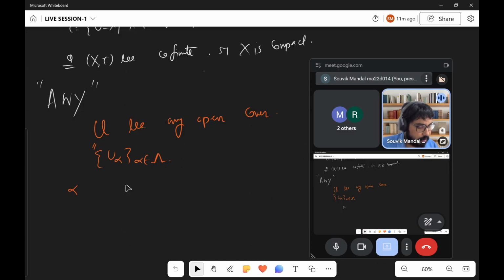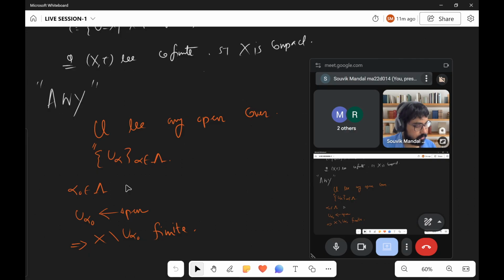Now choose some alpha naught and fix it, and consider the corresponding open set U alpha naught. Now U alpha naught is open. This implies X minus U alpha naught is finite, correct? So since it's a finite set, we can assume its elements are x1, x2, ..., xn, right?